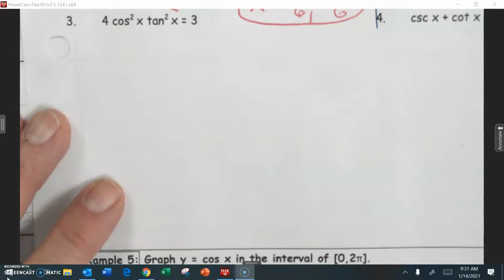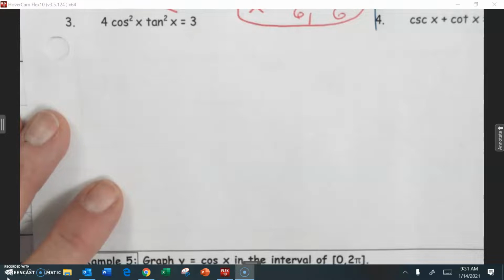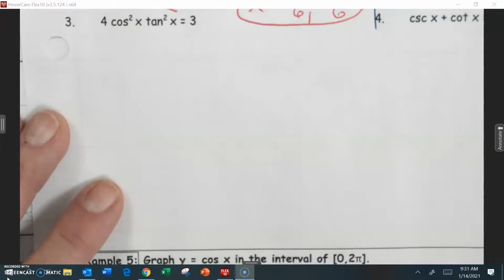So, any suggestions? My first spell, anything? You did a Pythag identity? What identity did you use? Just being nosy. Tangent squared equals secant squared minus 1. Okay, so then did you change cosine squared? I'm not sure if I'm allowed to do what I did. Okay.